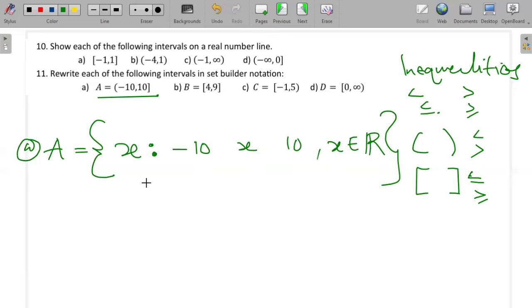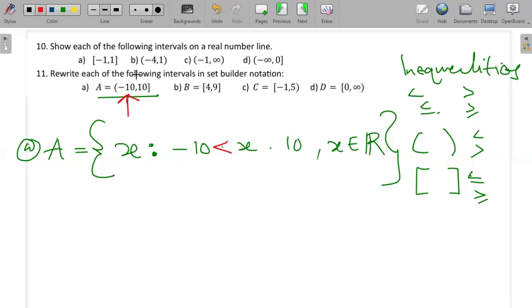And then what inequality signs are we going to put here and here? For this minus 10, we have what? A curved bracket. So a curved bracket, we said it's this sign. And then here, no, no, I put it in the wrong place. It should be there, because this 10 is not included there.